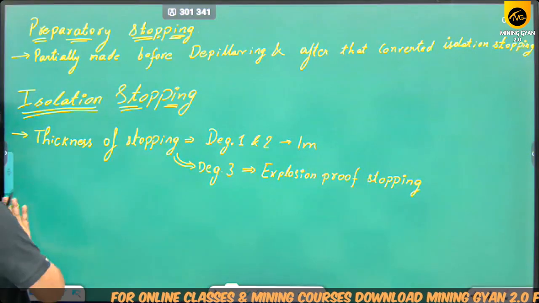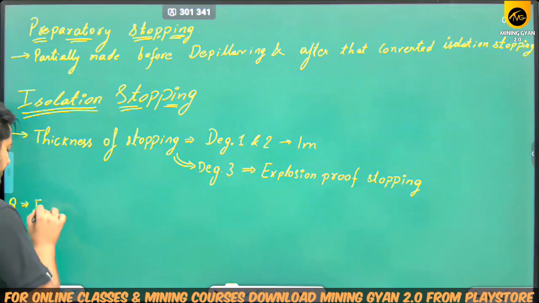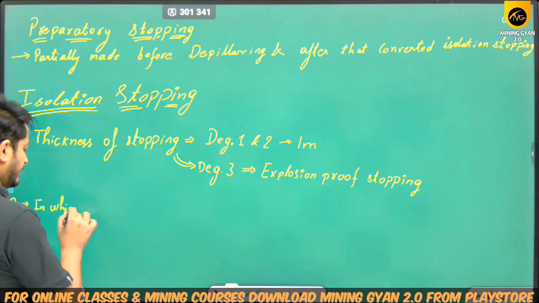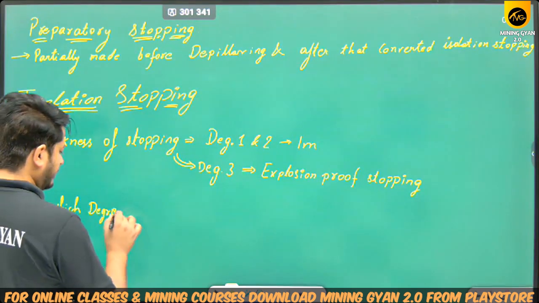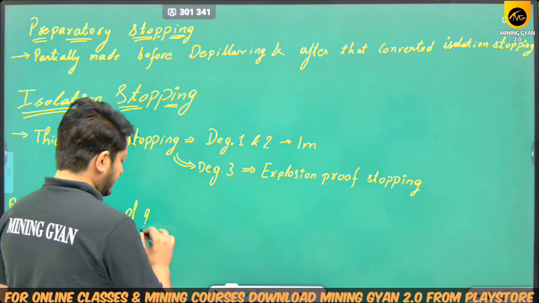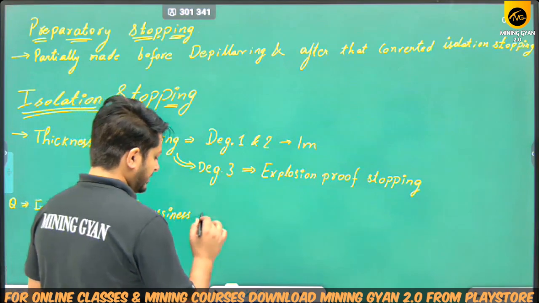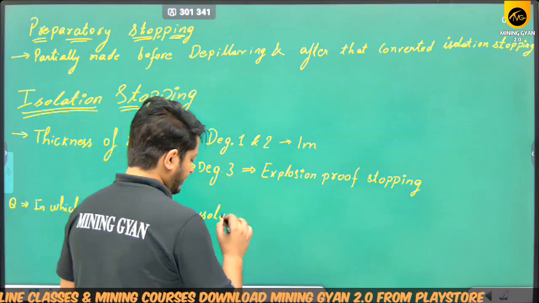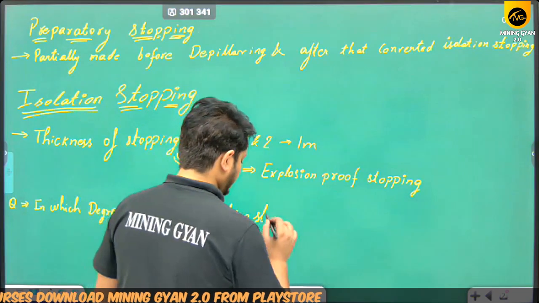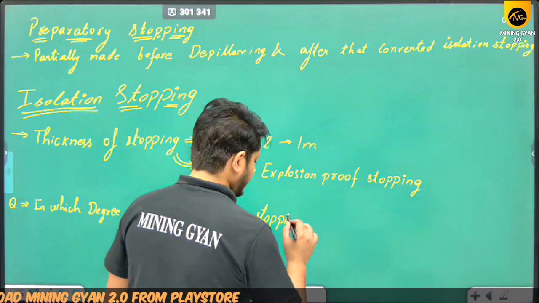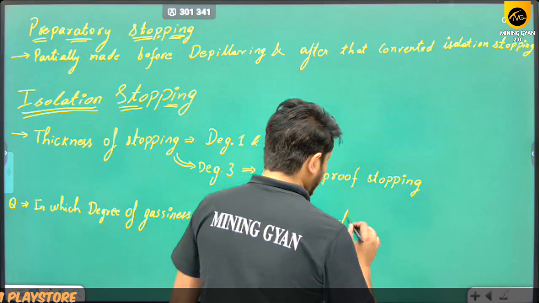So आपका यहां से एक क्वेश्चन भी बन जाता है: इन विच डिग्री ऑफ गैसीनेस isolation stopping is not made?